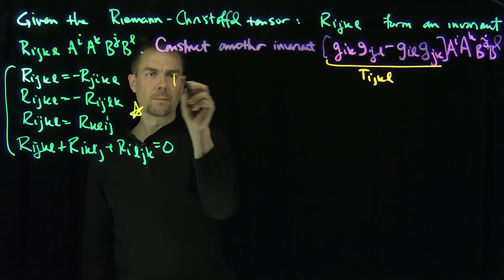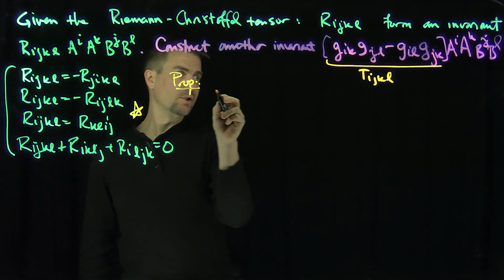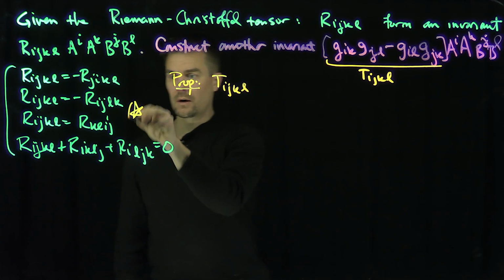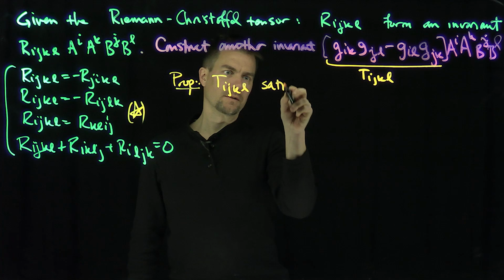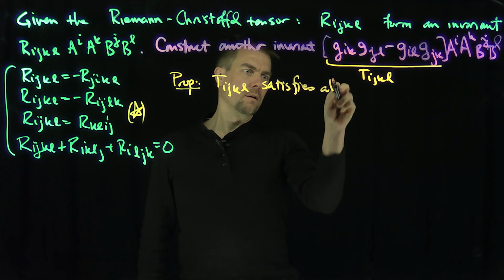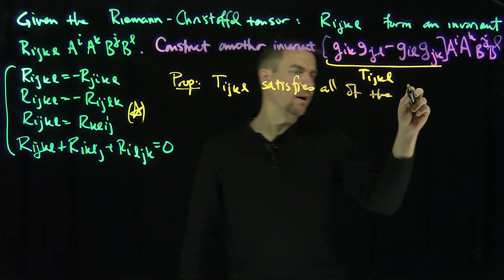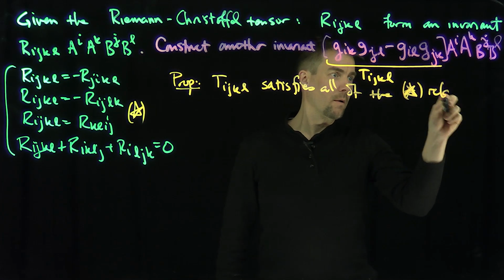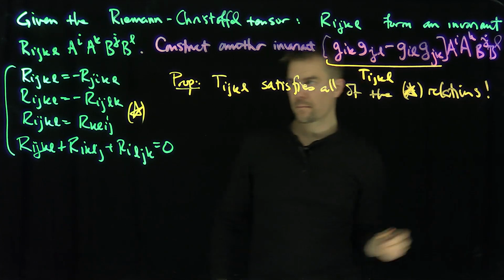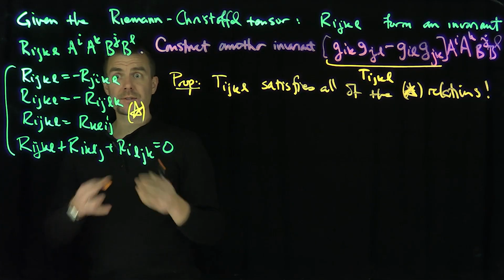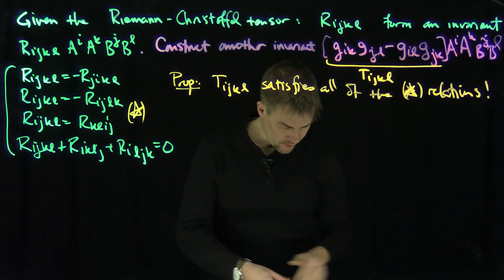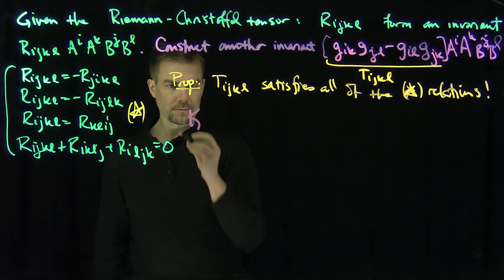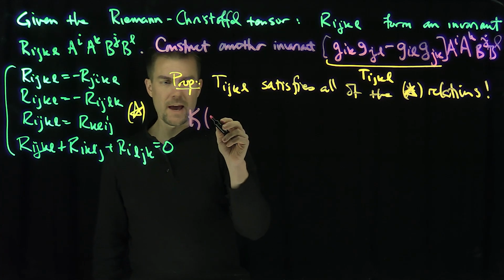The proposition is that T_ijkl satisfies all of the star relations, which means if I look at the ratio of these things, I'll have a pure invariant. So now we're going to build K of A and B, basically.